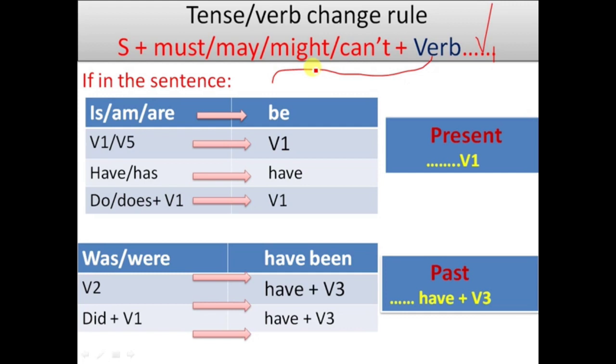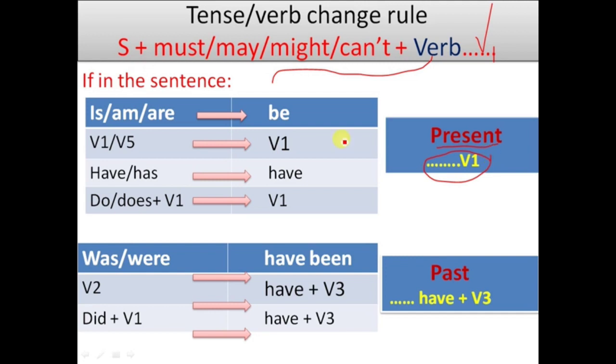Let's see, if in the given questions there is is, am, are, change it into be. The V1 form of is, am, are is be. If there is V1 or V5, change it into V1. If there is have or has, change it into have. If there is do, does plus V1, use the same V1. It means if the sentence is present, we have to use V1 after modal verb.